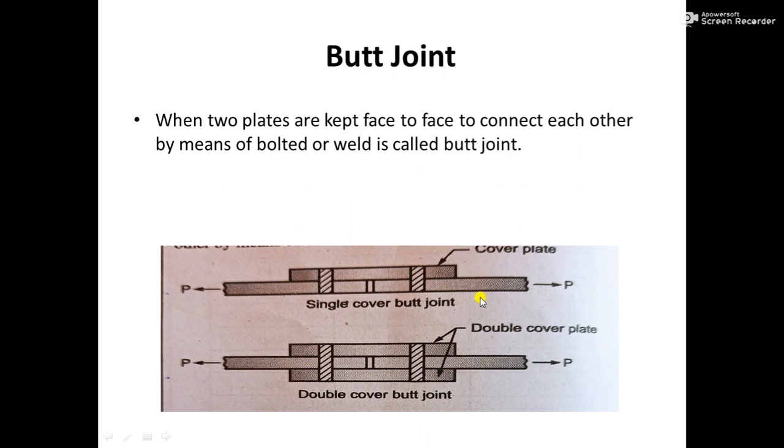But in a butt connection, the two plates are kept face to face and another plate is placed over them and bolted. That is a single cover butt joint. If two plates are placed, one above and another below, it is a double cover butt joint.